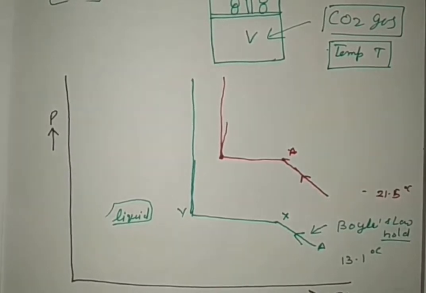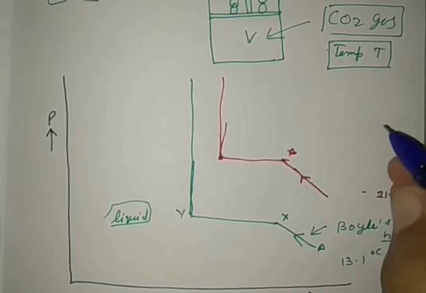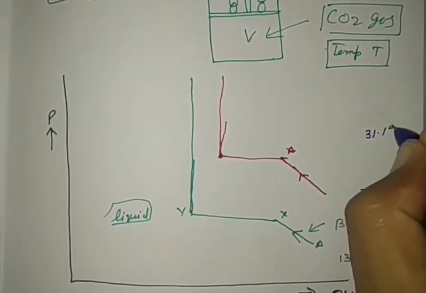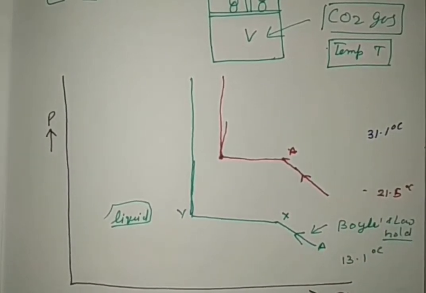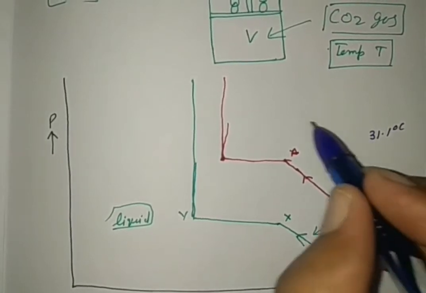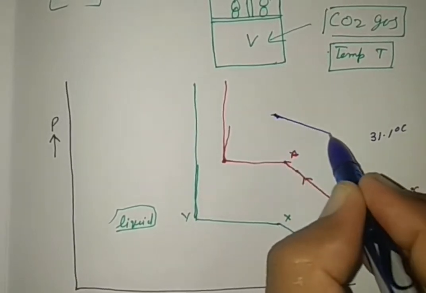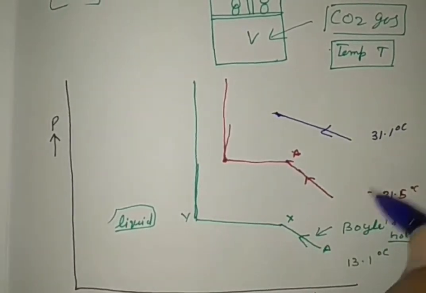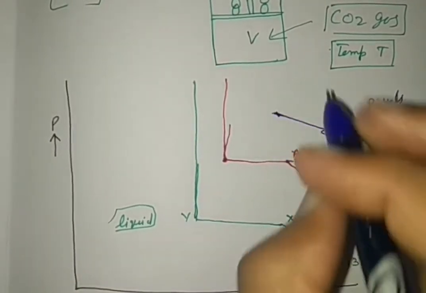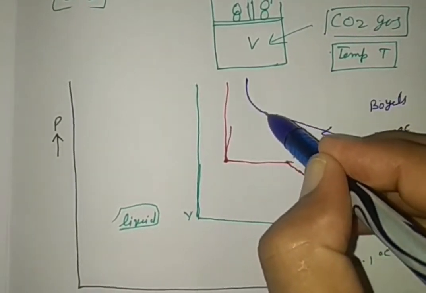The same experiment is performed at one more different temperature. Now this temperature is 31.1 degrees Celsius. When this 31.1 degrees Celsius temperature is obtained, this graph up to here obeys Boyle's law, and thereafter it obtains this nature.